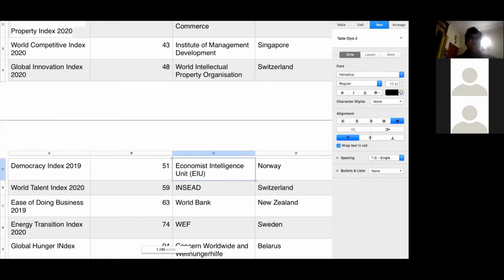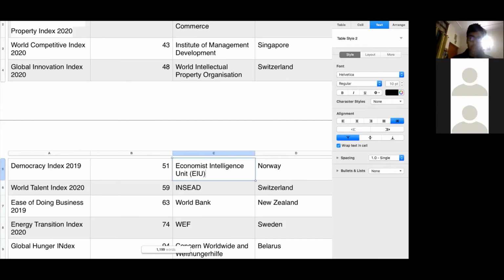The Economist Intelligence Unit comes out with its annual index called the Democracy Index, where it analyzes how strong a democracy is in a particular country. India was ranked 51 according to the latest figures, which were for 2019. Norway is the #1 ranked country here.